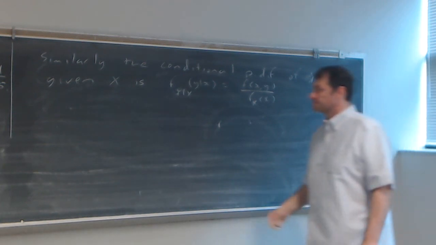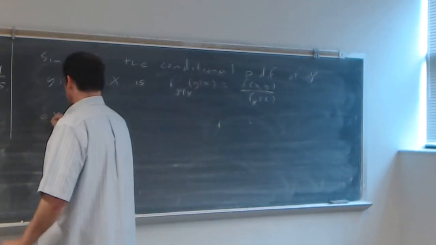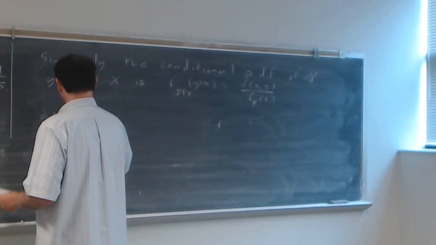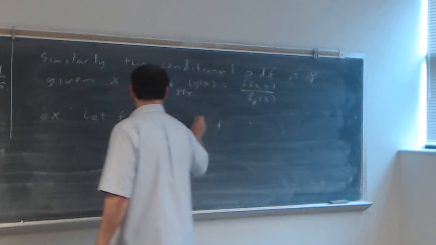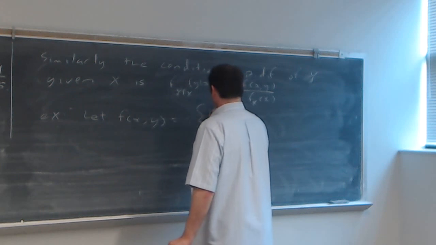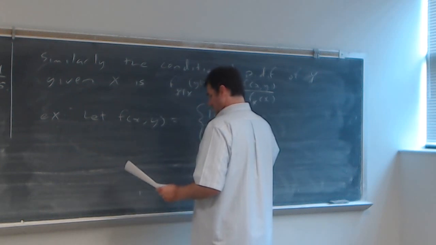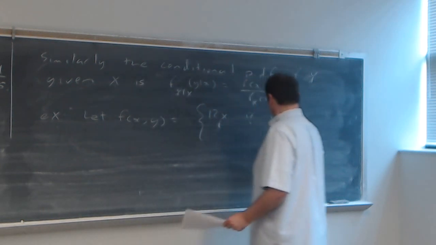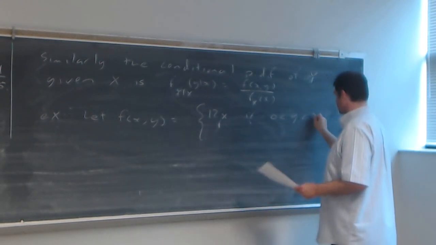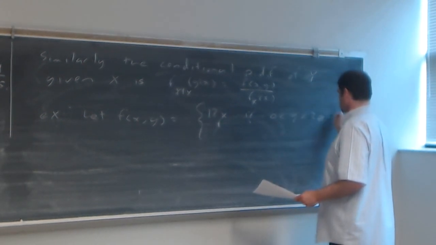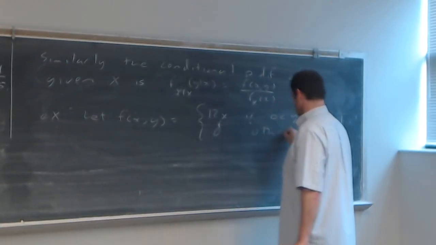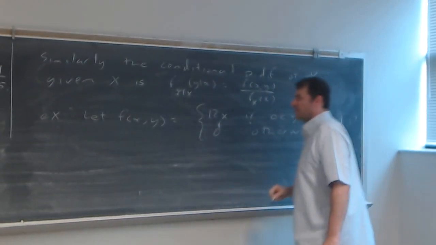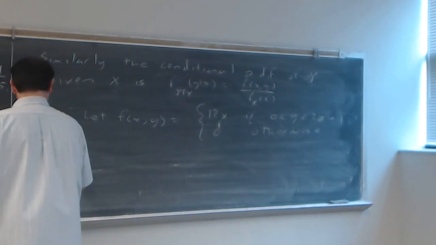Let's look at an example. Let f of x comma y, the joint PDF of x and y, be defined by 12x if 0 is less than y is less than 2x is less than 1, and 0 otherwise.